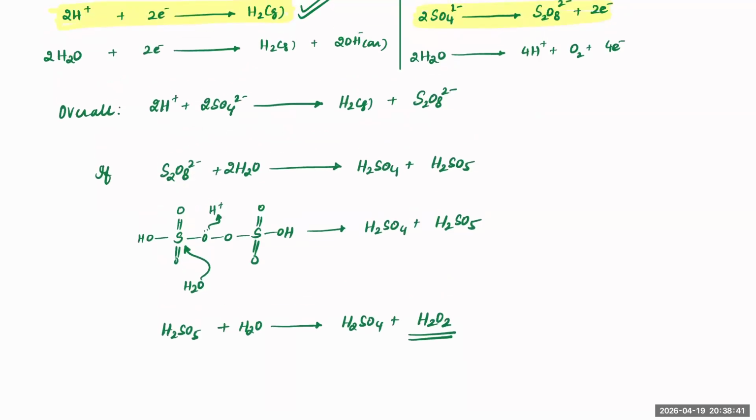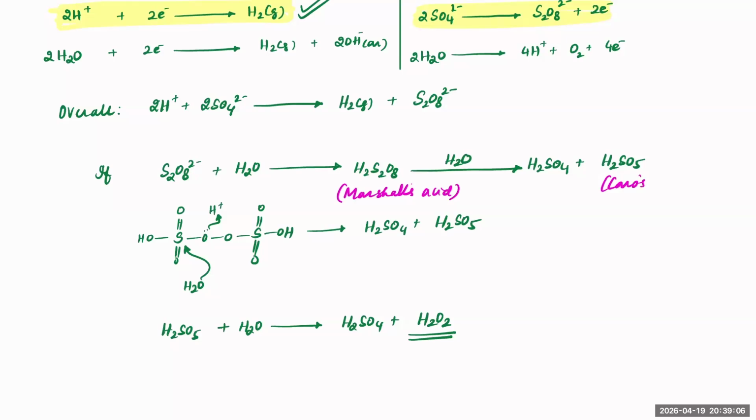So I'll write this in two steps so that you can understand easily. So first step is making this into H2S2O8, and then again on hydrolysis it will become H2SO4 and H2SO5. There is a common name for this, if you recall. This is Marshall's acid, and this is Caro's acid.